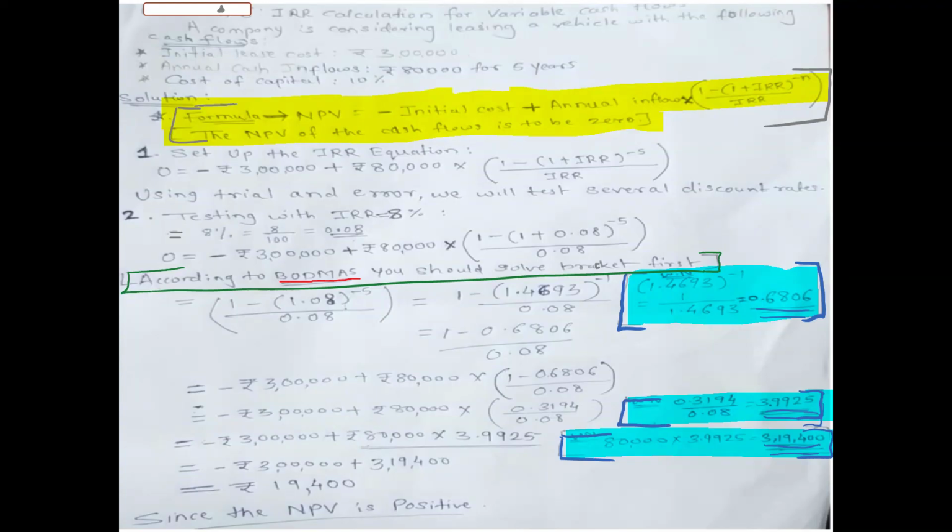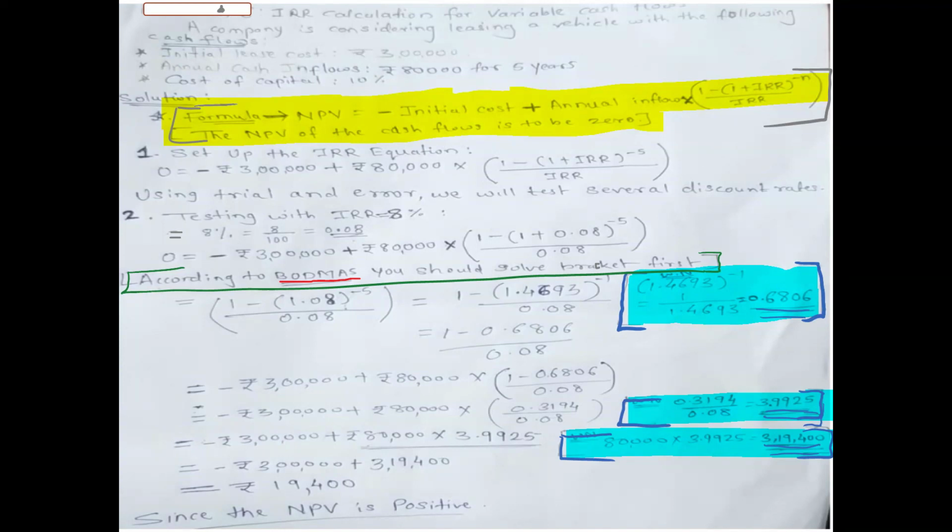So we get the answer 0.3194, which I got from 1 minus 0.6806. Now we have to divide 0.3194 by 0.08.